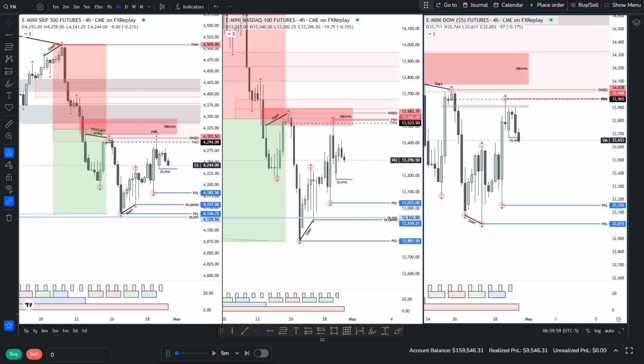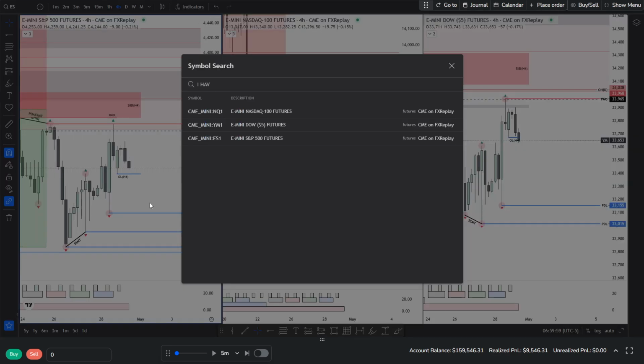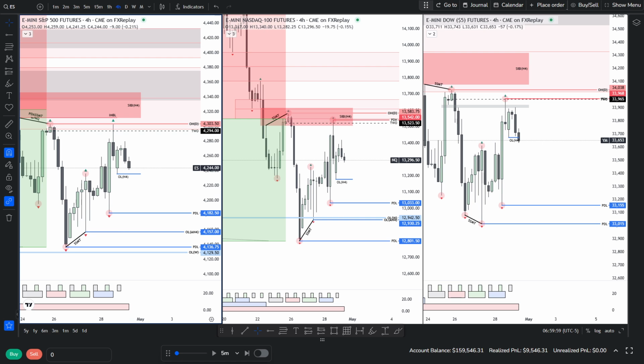So SPs, what we have noted. Let's type that down here. So I have noted the clean and clear swing points, referencing previous day's high and previous day's low. Okay.